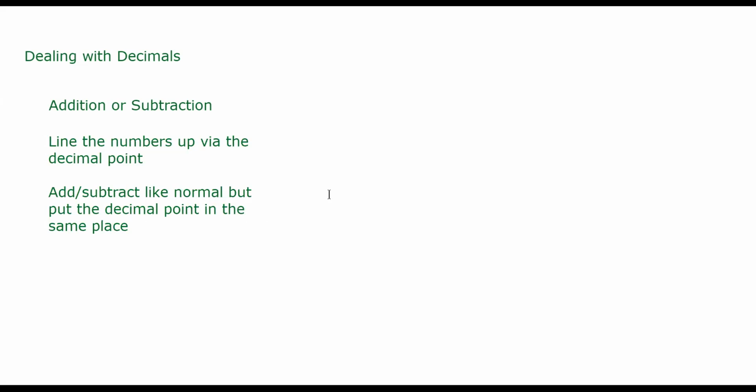But then you can add or subtract like old school addition subtraction. We put one number over the other, and then you put a plus sign or a minus sign, and you just line up all the digits in their proper places.